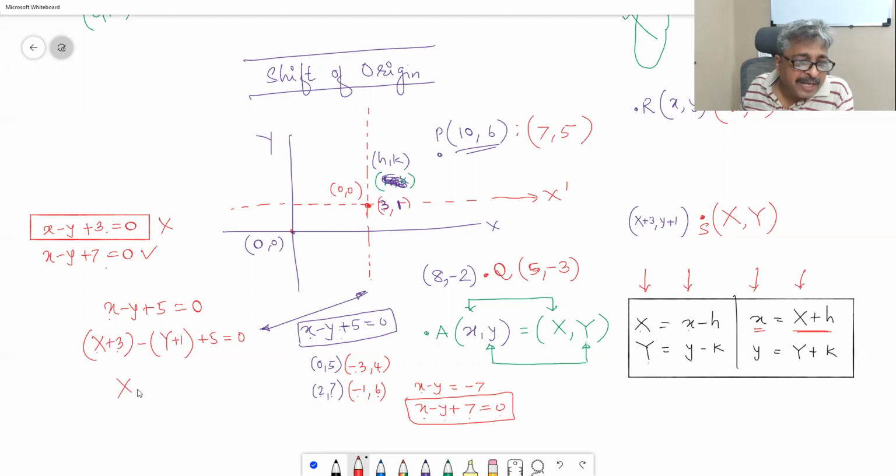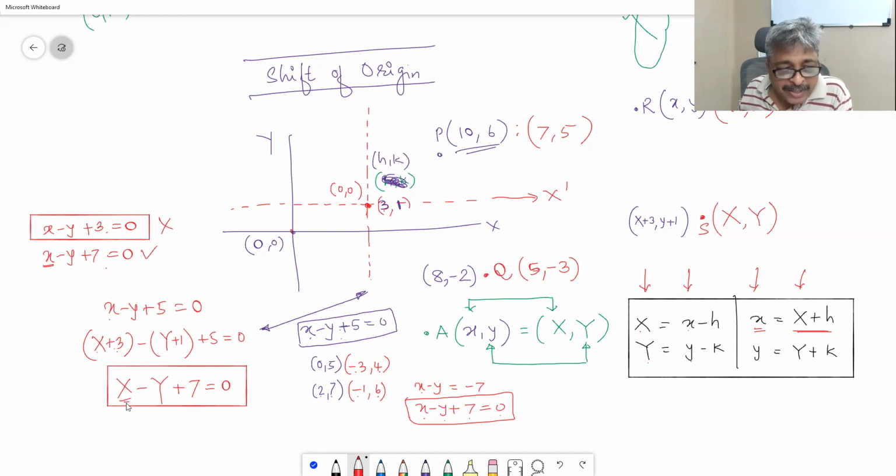That makes it capital X minus capital Y plus 3 minus 1, 2, plus 5, that is plus 7, is equal to 0. That is the correct equation, because you need to distinguish between these two. This was old x, this is new x.